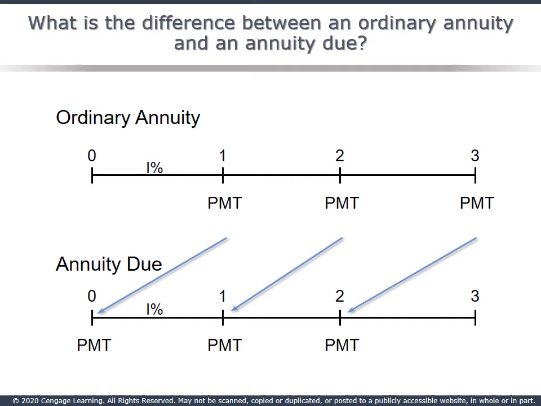Whereas with an annuity due, you're still receiving or paying only 3 payments, but they occur at the beginning of each time period. And in terms of the time value of money, that makes a difference. I will tell you that most annuities in the real world are ordinary annuities.